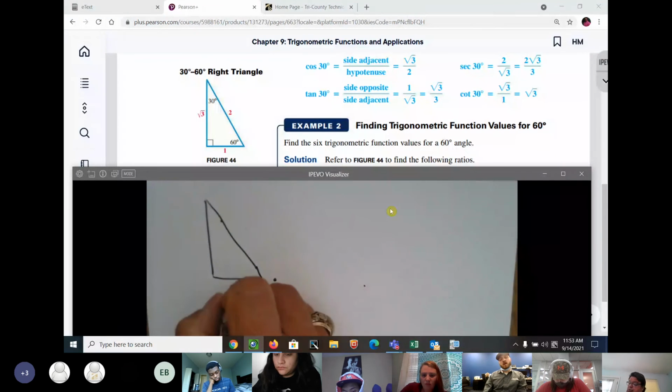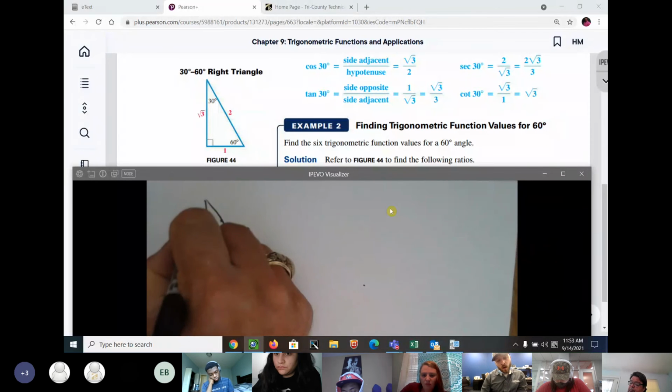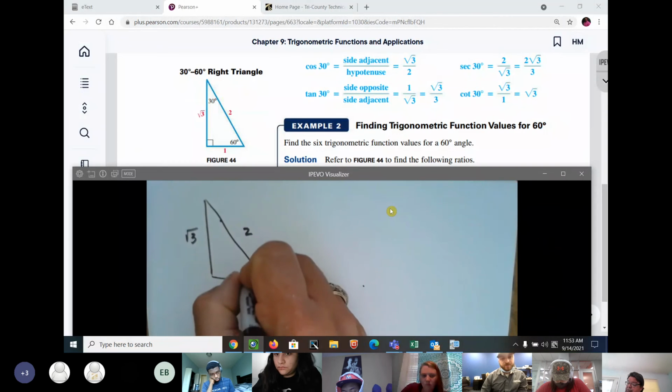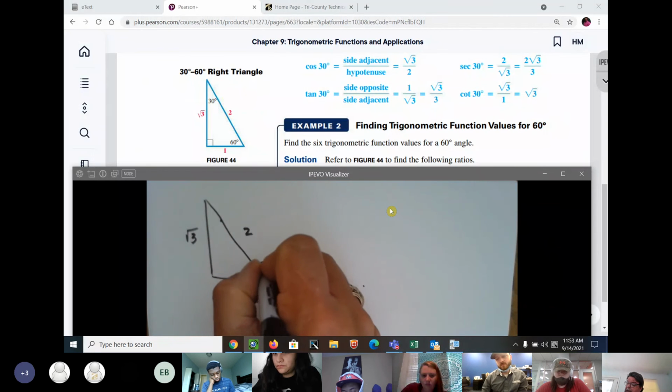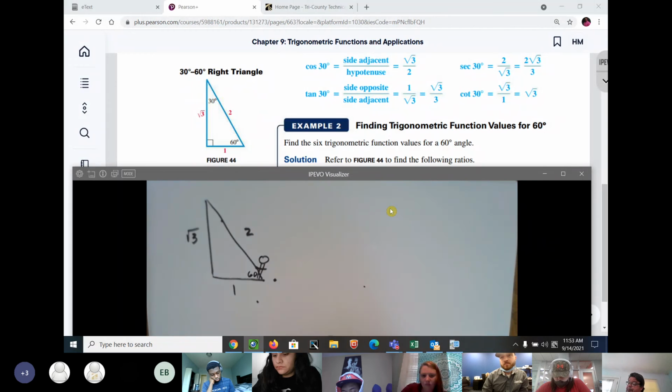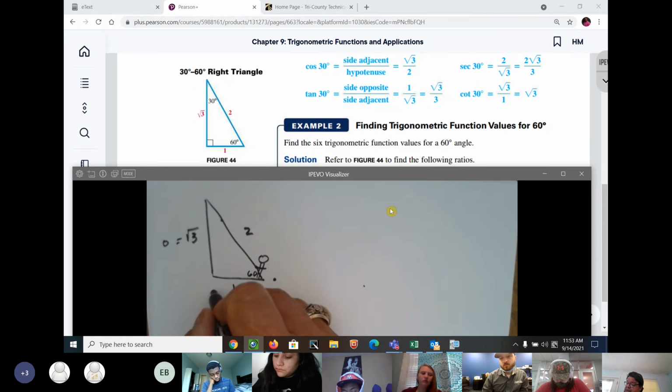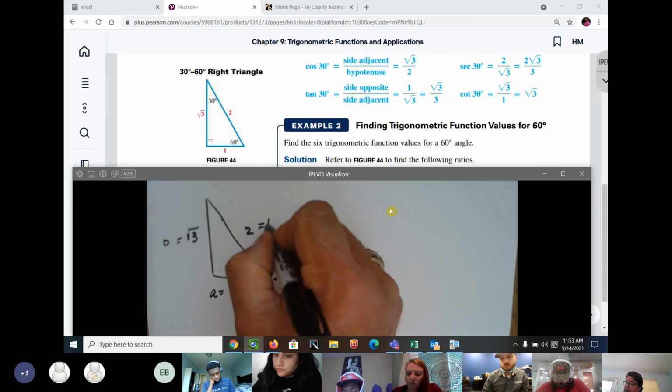And it's 1, 2, square root of 3. And the angle is right here. So your little man is right here. So that's opposite, that's adjacent, and that's hypotenuse.